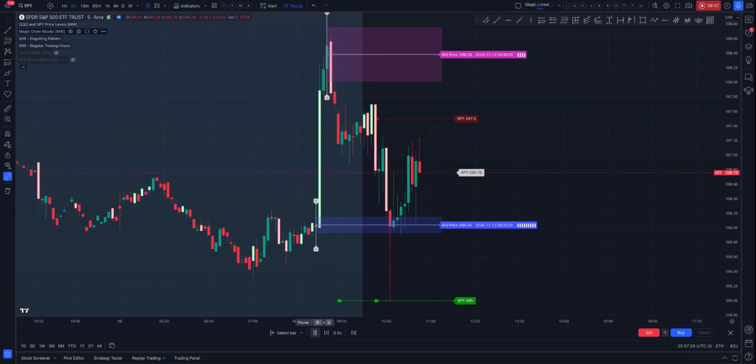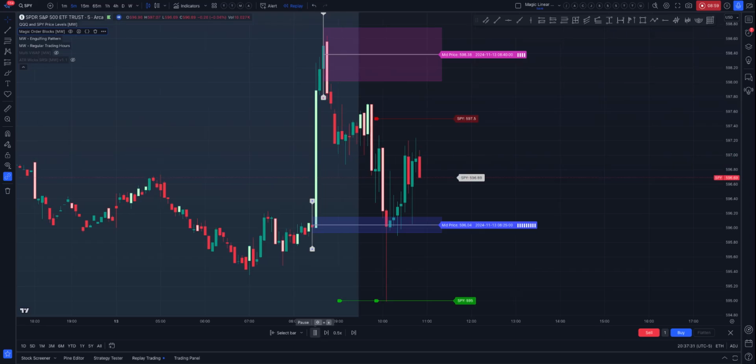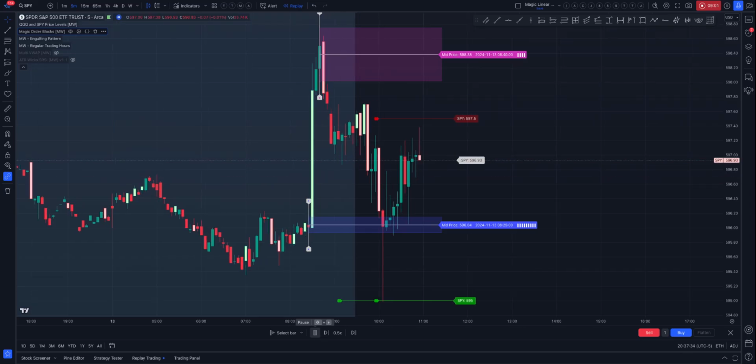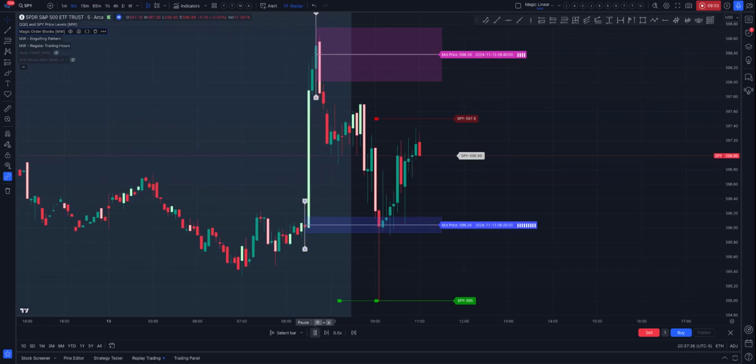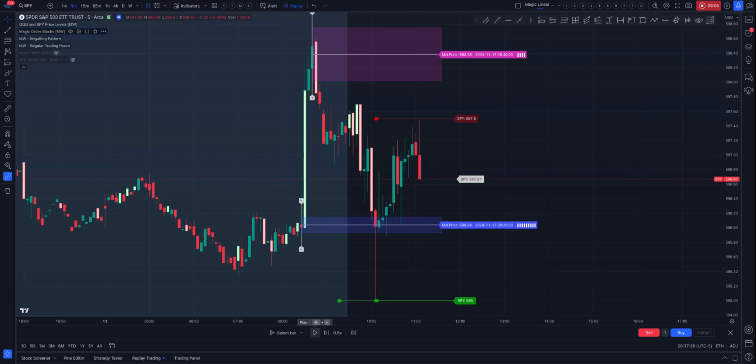So let's start to play again. And price is going higher and higher. There, I just didn't stop it fast enough, but it hit this 597.50 order block here, or I'm sorry, price level, and then dropped back down. And that's when I got in on a trade, on a put going down.